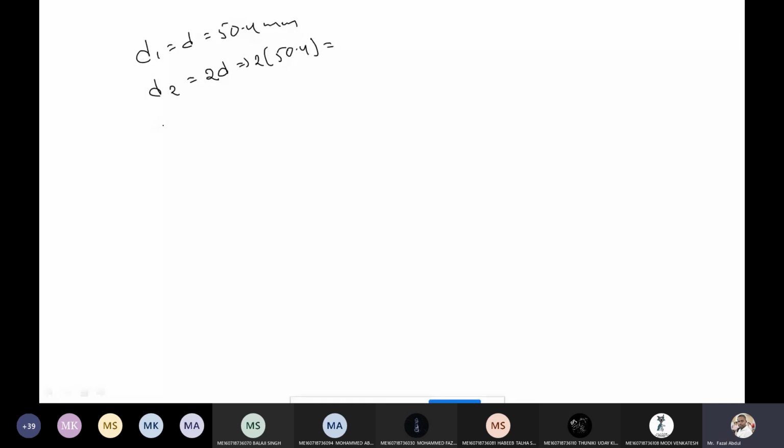And the diameter of the knuckle pin head D3 is 1.5 into D, that is 1.5 into 50.4. Then the thickness of the single eye rod t is 1.25 into D, that is 1.25 into 50.4.